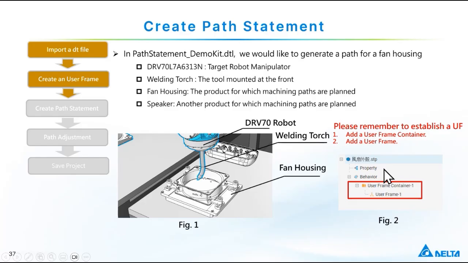And before we create a path, we have to create a user frame on this product first. So please remember to establish the user frame before using the path statement.